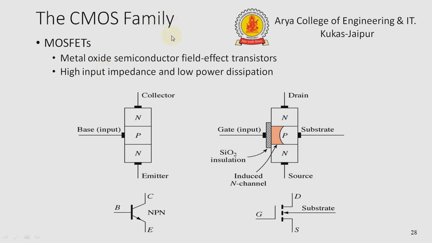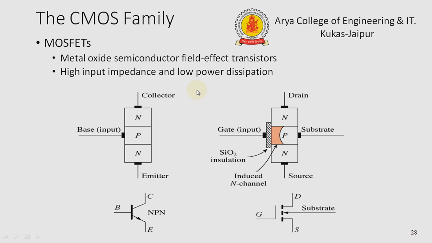Now the CMOS family is considered. The CMOS family comes from unipolar devices, which are FET, basically MOS or FET devices. This is the MOSFET, metal oxide semiconductor field effect transistor, which has high input impedance and low power dissipation.